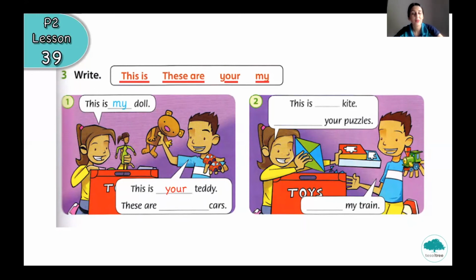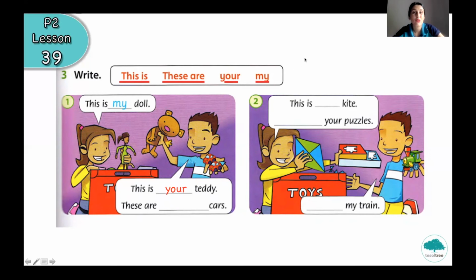Your, that's correct. We have to use your because the boy shows that this is your teddy, the girl's teddy. Very good. And now let's read this sentence. These are beep cars. So we have to choose the word and to write here. So the boy has two cars.